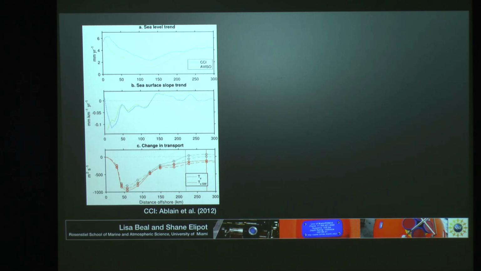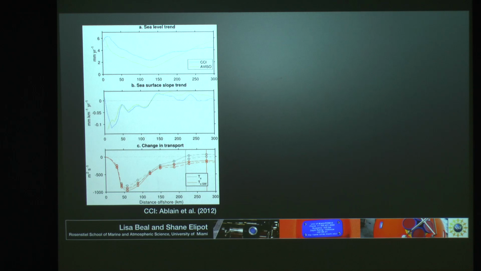So we looked at what the trend in the sea level and the sea surface slope is over time. What this shows is from two products, Aviso and the new CCI, which is supposed to be particularly good for looking at long-term changes.